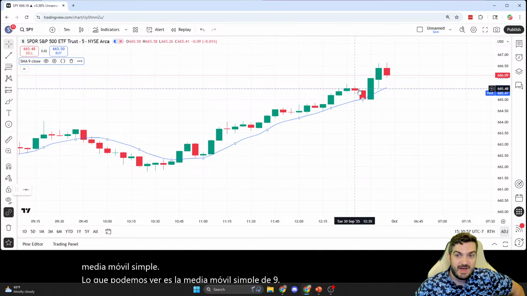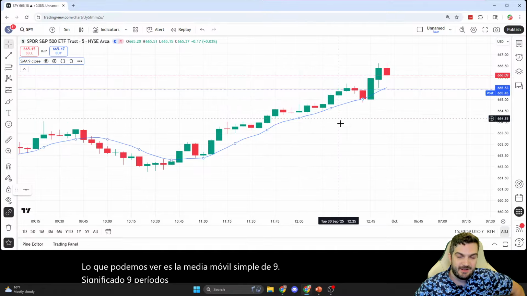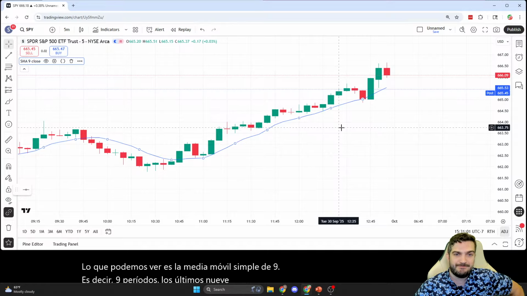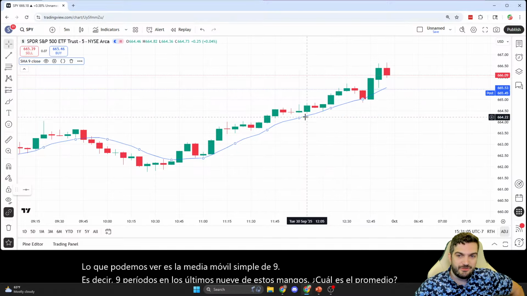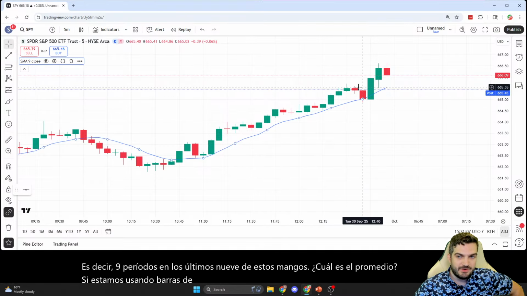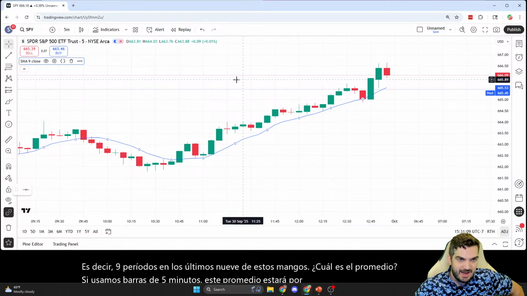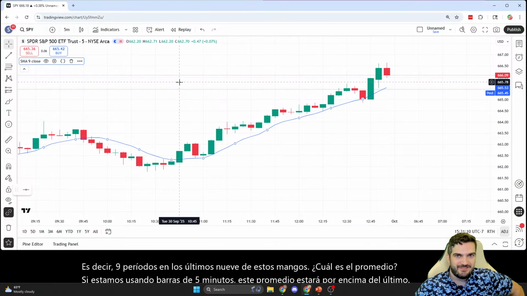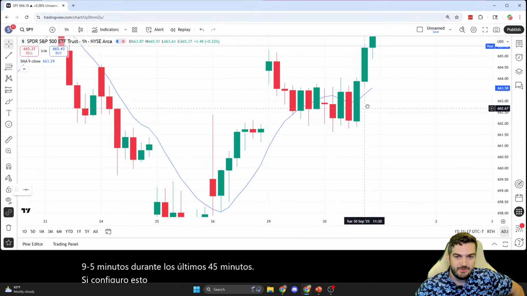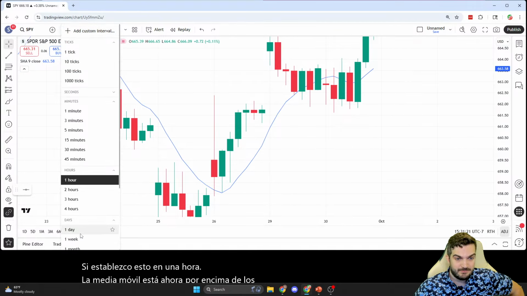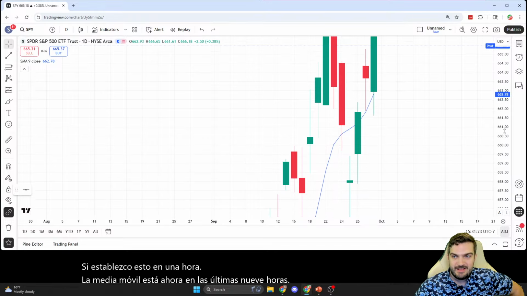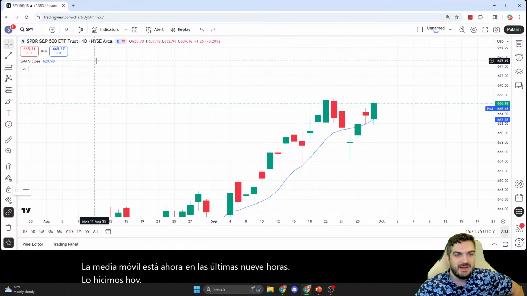The past 9 of these candles, what is the average? If we're using 5-minute bars, this average is over the last 45 minutes. If I set this to an hour, the moving average is now over the past 9 hours. If we did it to days, it's now over the past 9 days.